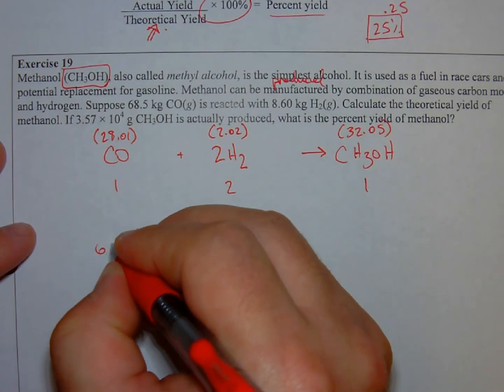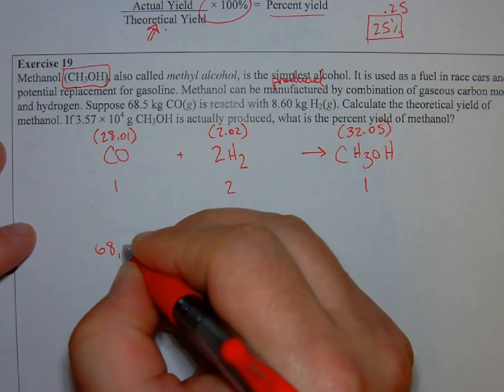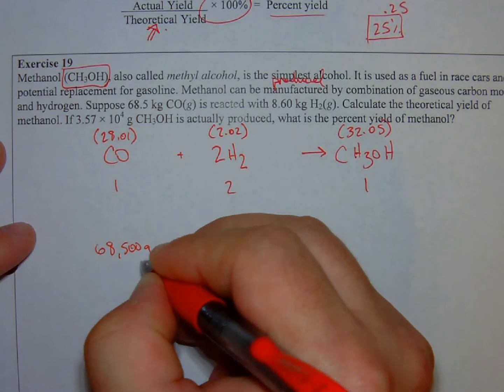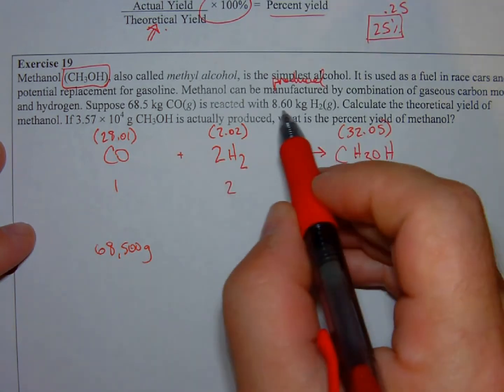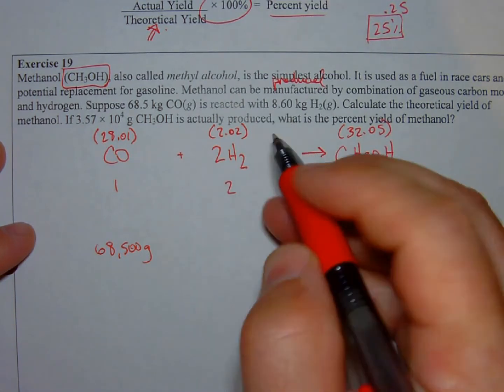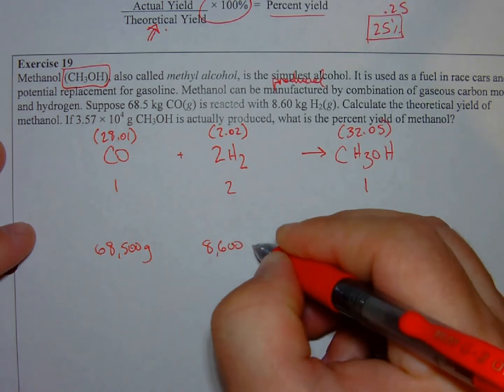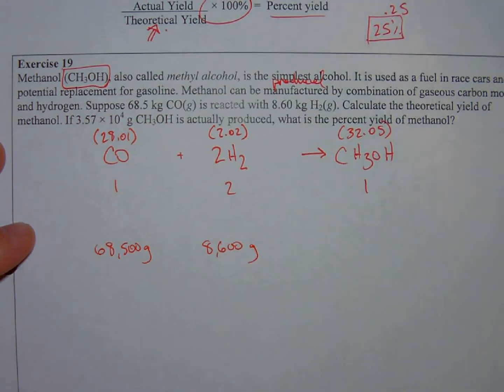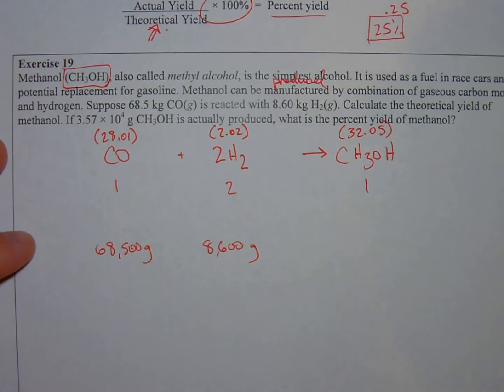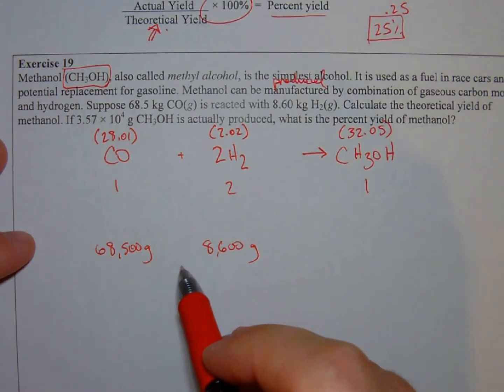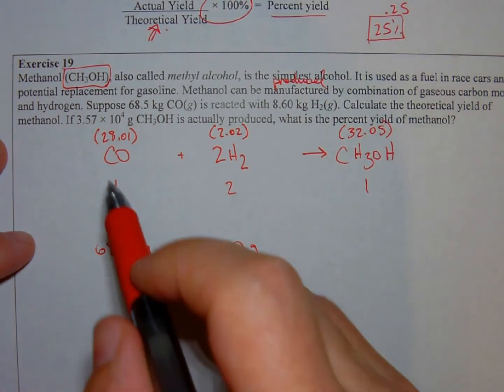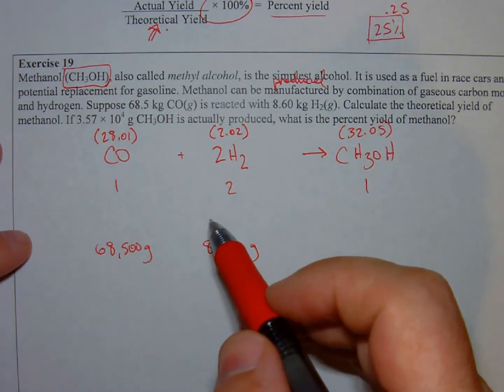So that'd be 68,500 grams, and that would end up being 8,600 grams. Okay. So let's convert both of these into moles so we can play the what if game.